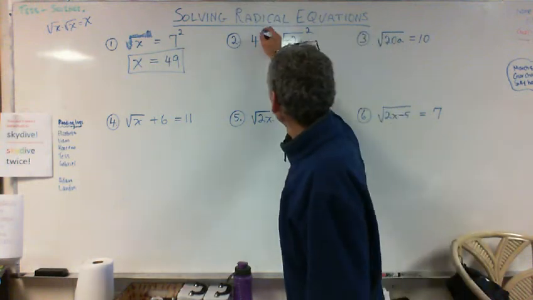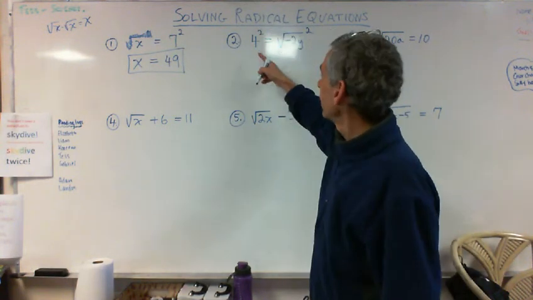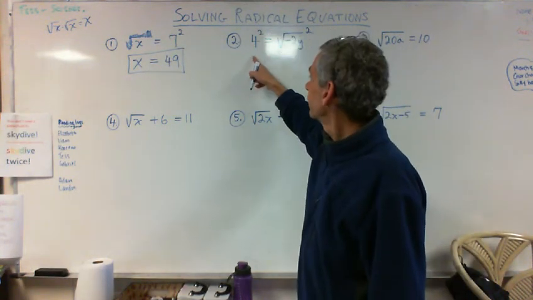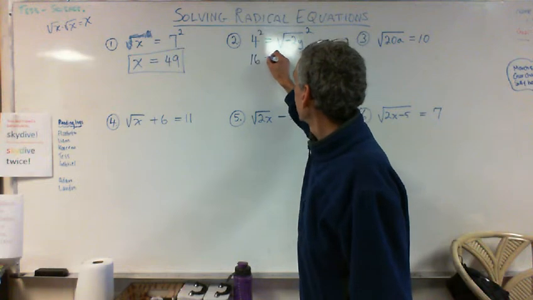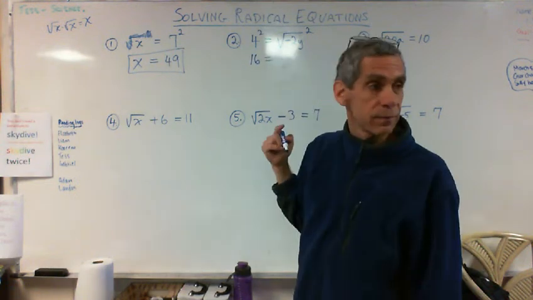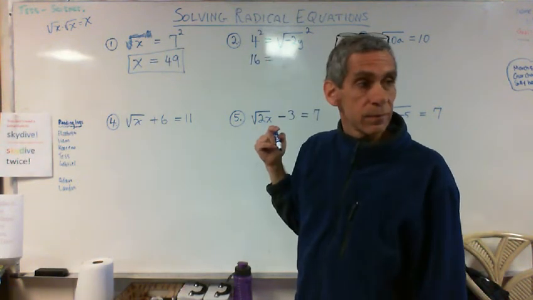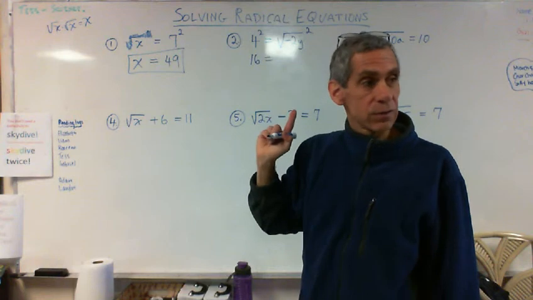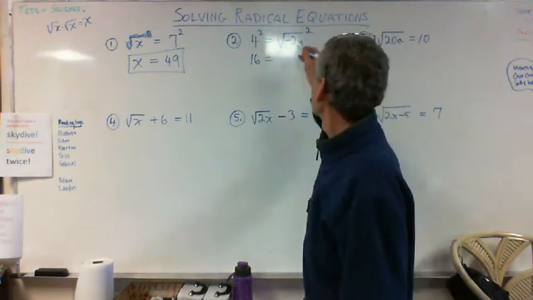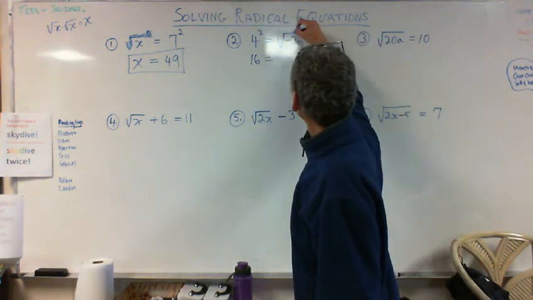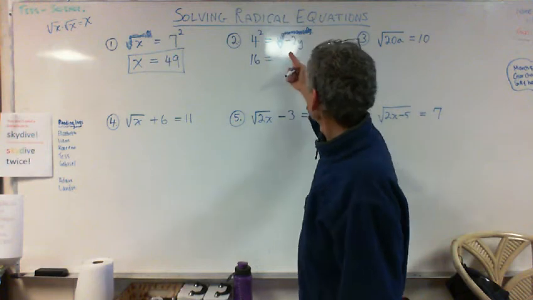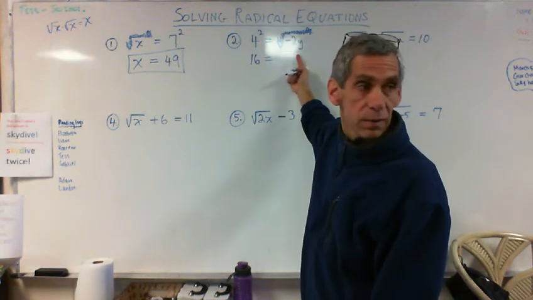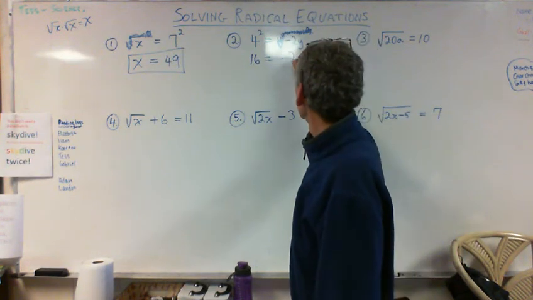Yes, so I've got to square this side. So now what do I have on this side? 16 equals, what do I have on this side? It's exactly what's underneath it. The square and the square root cancel each other out, so all you have left is what's there. Negative 2y. Exactly.